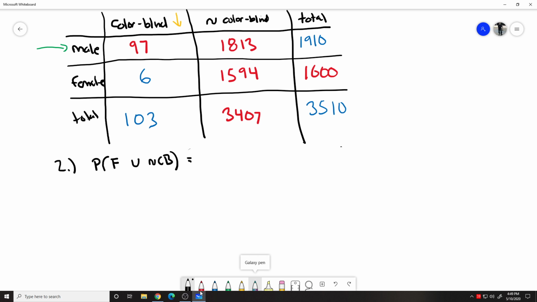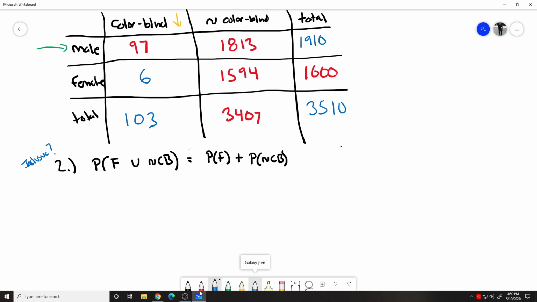Right off the bat, we have to say the probability of female, and we have to add to that the probability of not colorblind. Now, if we're inclusive, then we've got to add something else. But if we're not inclusive, that's my formula right there, and I'm done. I can just start plugging in numbers. But let's ask the question: is this an inclusive question?